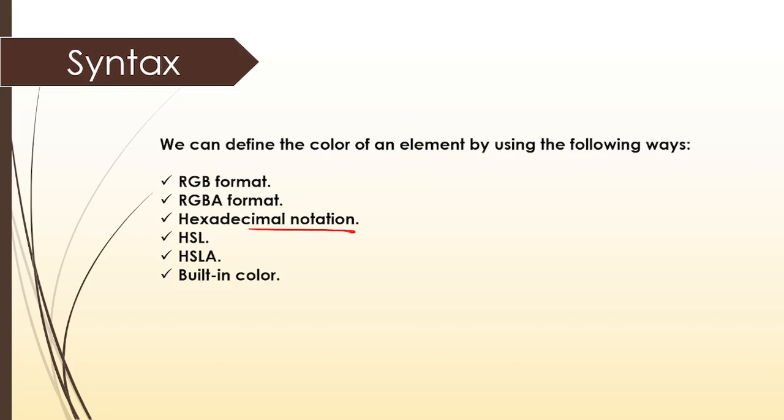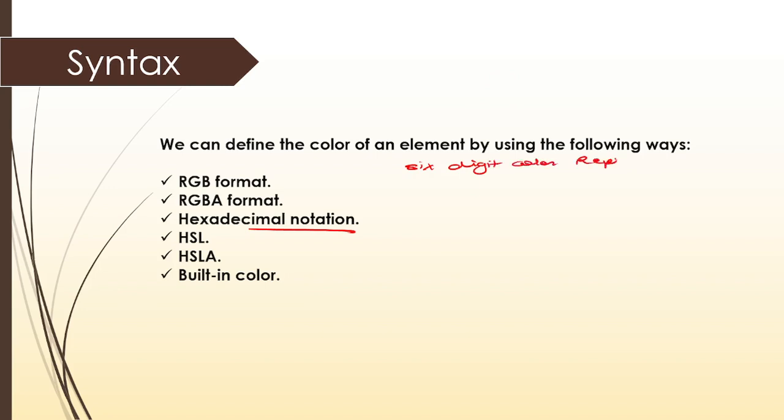Hexadecimal notations are very important whenever we talk about cascading style sheet color properties. It can be defined as a 6-digit color representation.